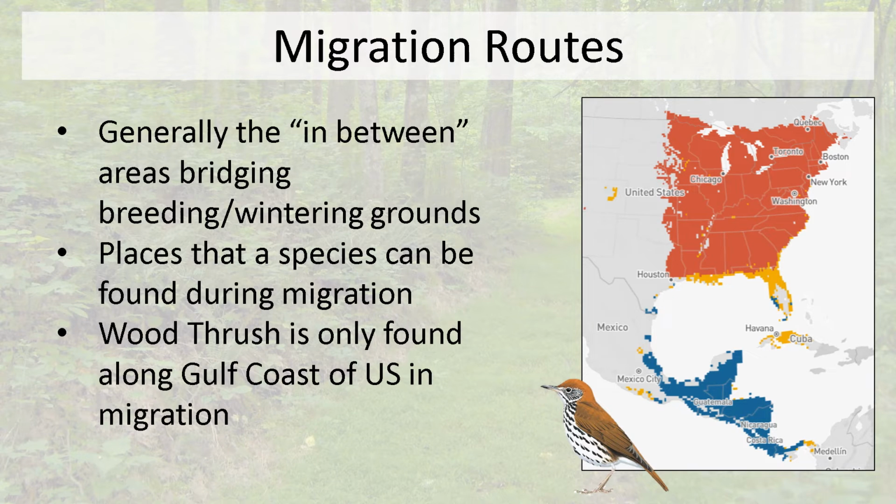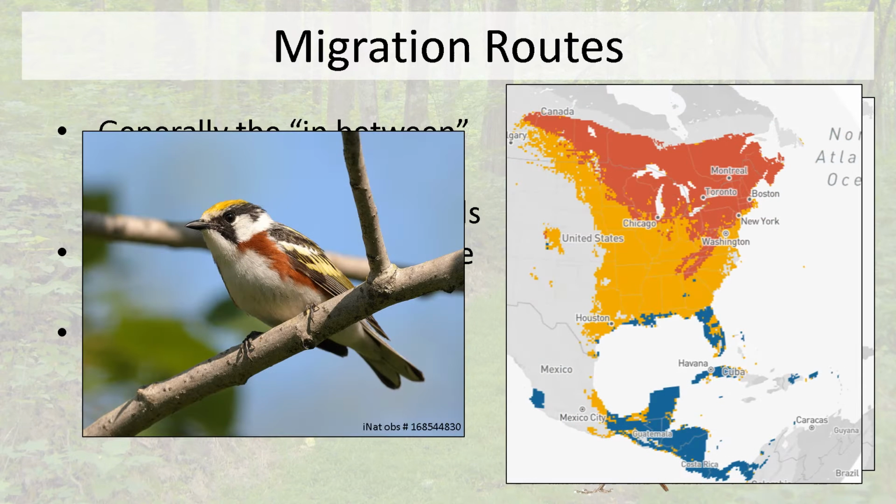So the wood thrush provides us a nice example. It's a very widespread species. So take a look at this yellow area here along the Gulf Coast. The wood thrush is really only found along the Gulf Coast during migration. We can look at another example. This is the chestnut-sided warbler, really lovely neotropical migrant.